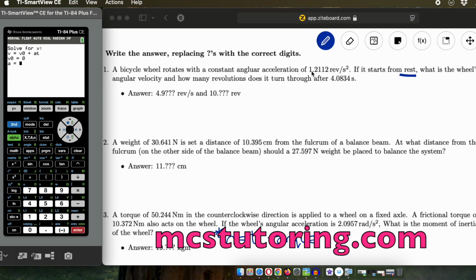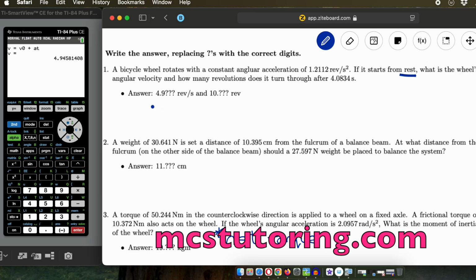The acceleration is angular acceleration, but we can still use the same thing. It's 1.2112, and the time is 4.0834, and I'm assuming it's in seconds. So the velocity is 4.9458.